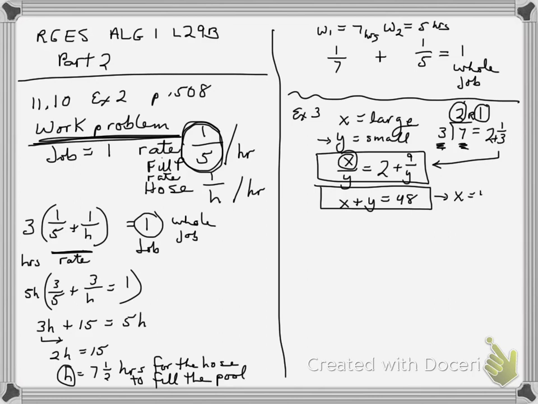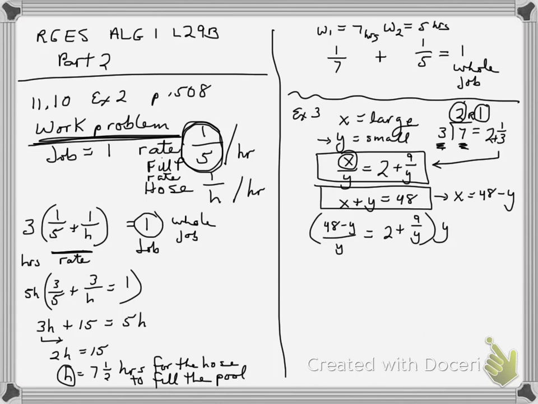So x is going to be 48 minus y. We're going to plug that back in, and we're going to get (48 minus y) over y equals 2 plus 9 over y. My common denominator will be y.